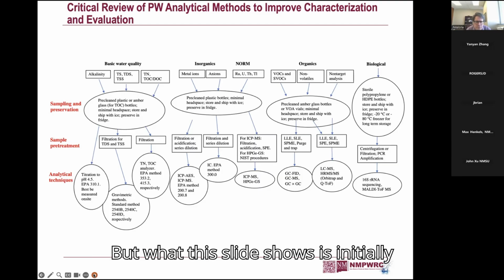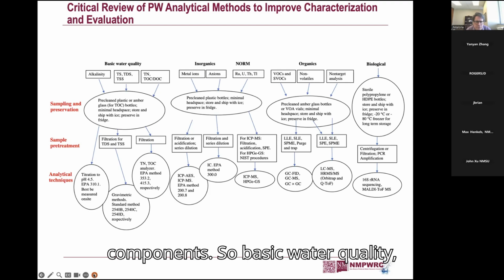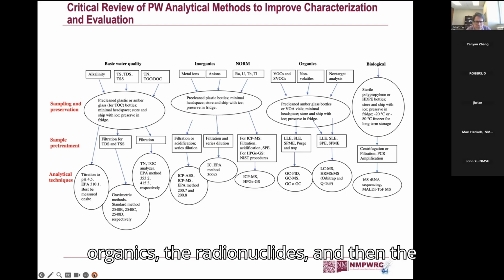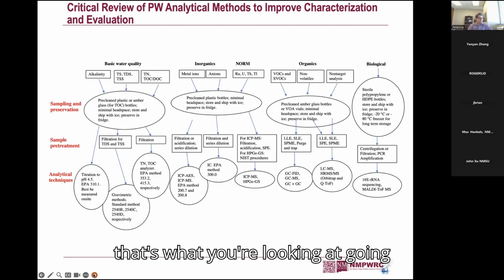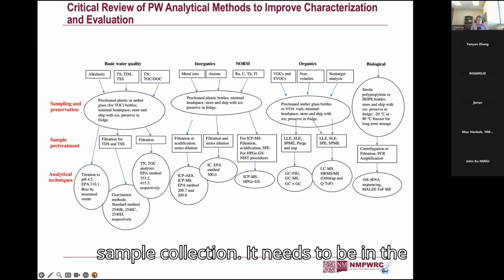But what this slide shows is that initially we're breaking everything up into major components: basic water quality, the inorganics, the organics, the radionuclides, and then the biological processes. That's what you're looking at going across the top. Going down, within each one of those, one of the important things is the sample collection.